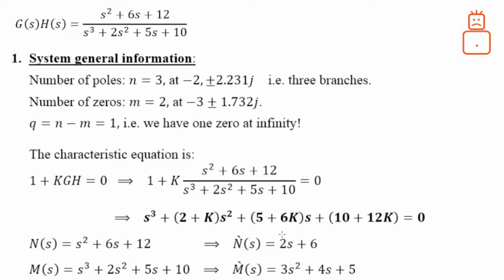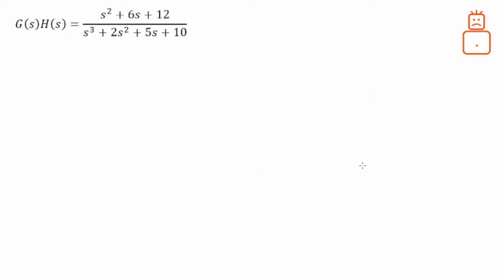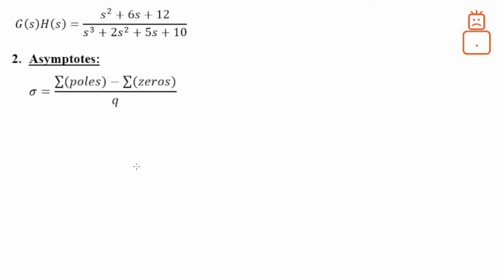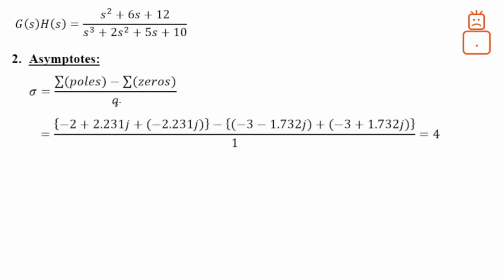Let's go to the second point, which is to compute the asymptotes. We need to know the focus of the asymptotes, or the position of the asymptotes, which is given by this formula: the algebraic sum of the poles minus the algebraic sum of the zeros, divided by the difference between the number of poles and zeros.